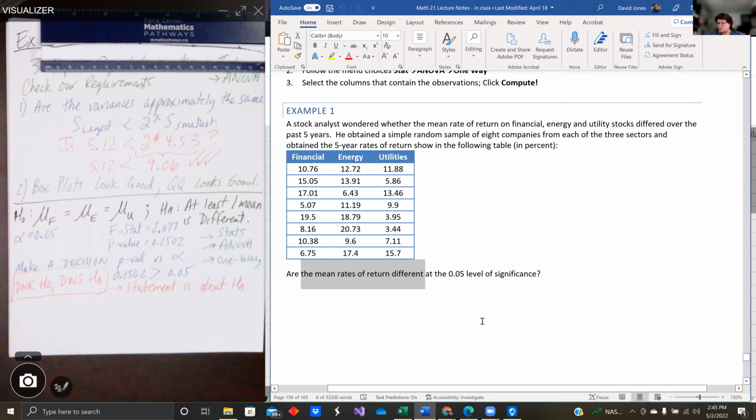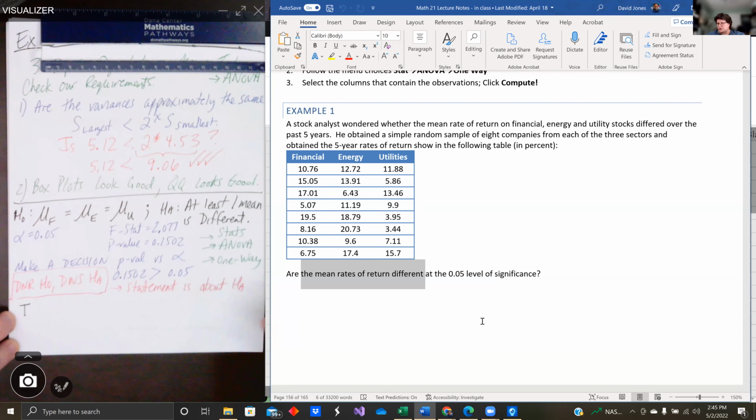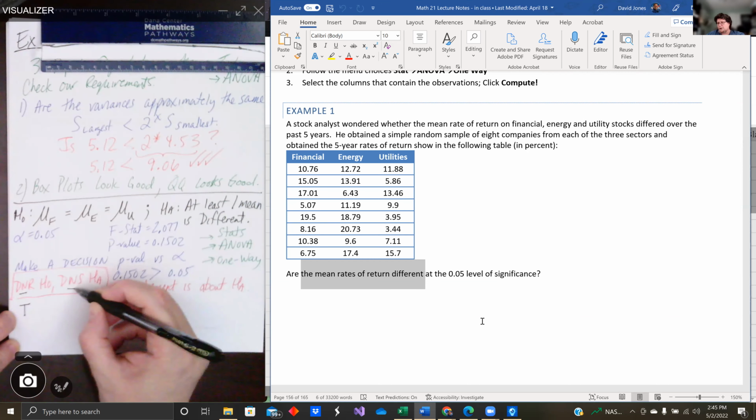So we make our sentence. The nots go together. Do not reject, do not support.